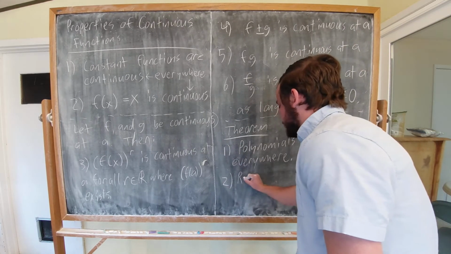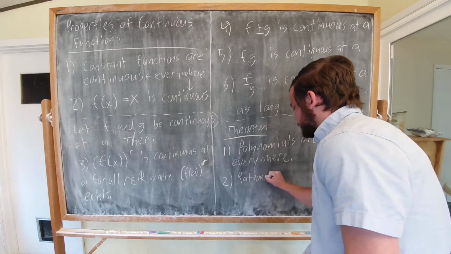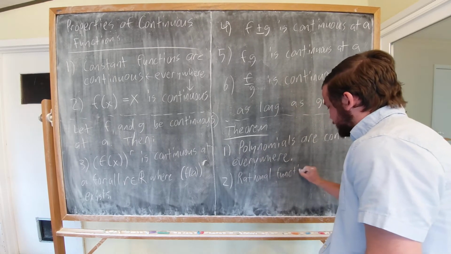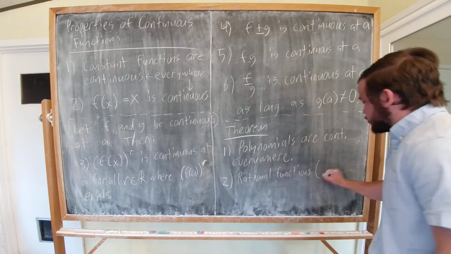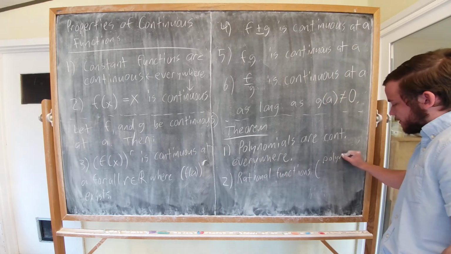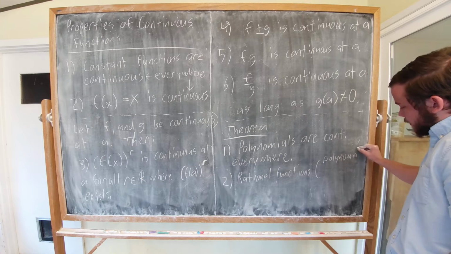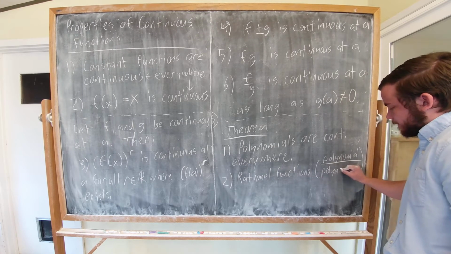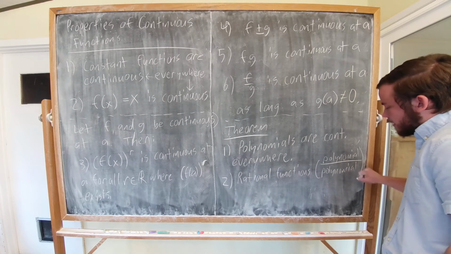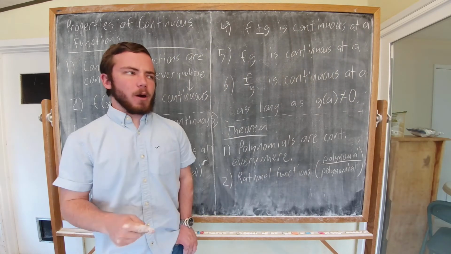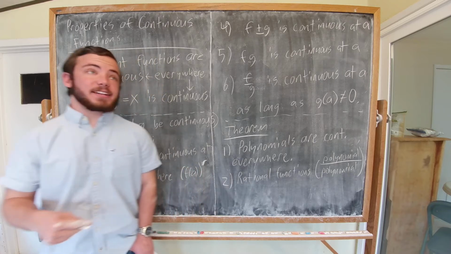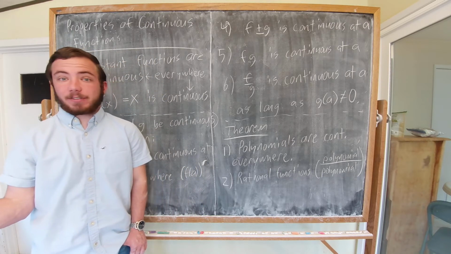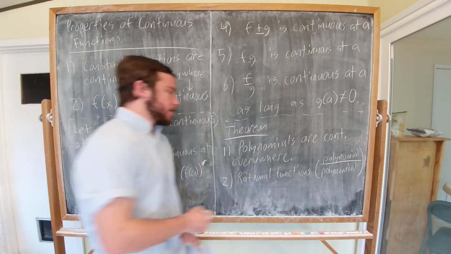And rational functions, which are a polynomial divided by another polynomial. Think like x cubed over 4, or x to the 7th plus 1 divided by x squared minus 3, stuff like that.